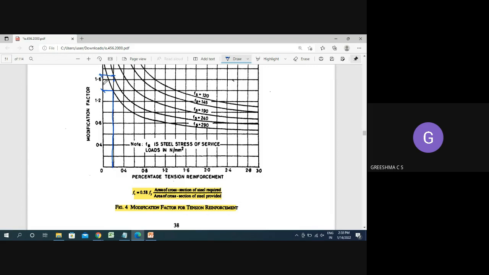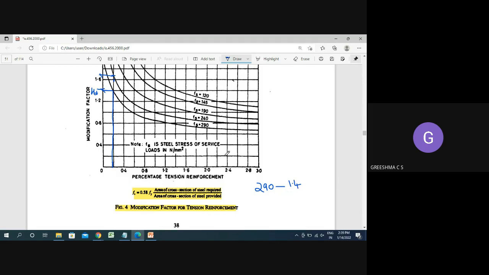So from these two, you have to interpolate the value. For the 290 curve, this value is 1.4, because the interval is 0.2. So for FS 290, the K value is 1.4.